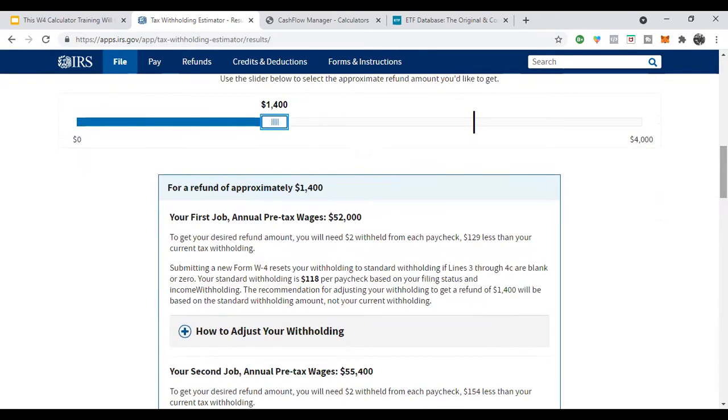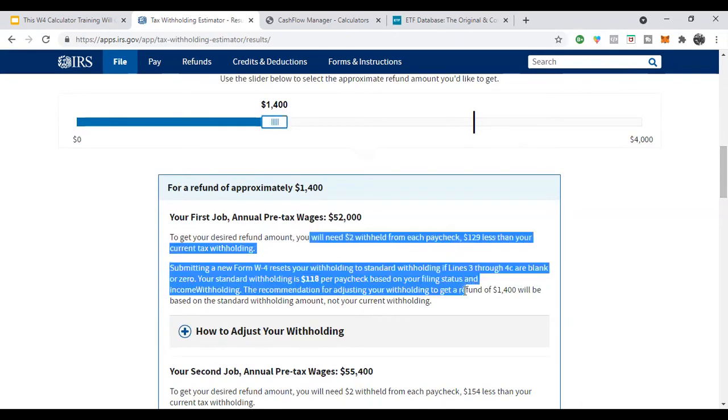Your first job, $52,000. To get your desired refund amount, you will need $2 withheld from each paycheck. That is $129 less than your current tax withholding. Submitting a new Form W-4 resets your withholding to standard withholdings.